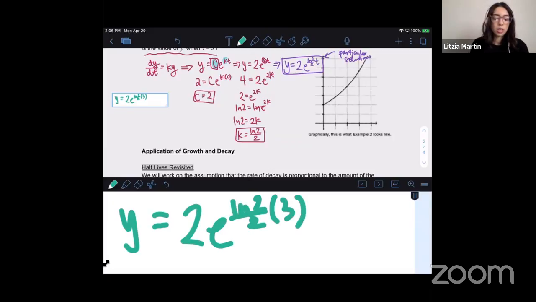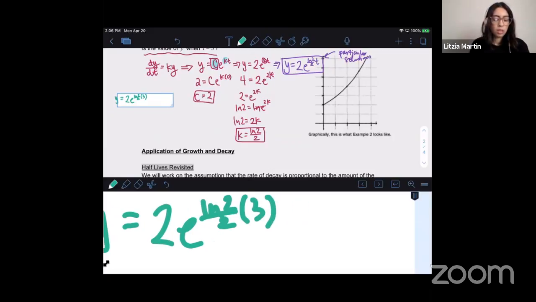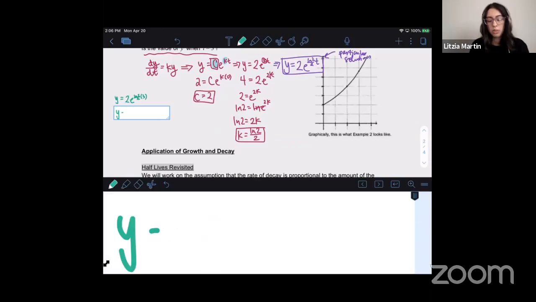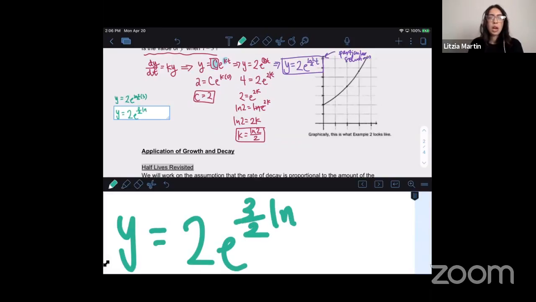This will just give me a 3/2 here times ln of 2. I'm going to show you how to take this a step further and simplify it as much as possible.